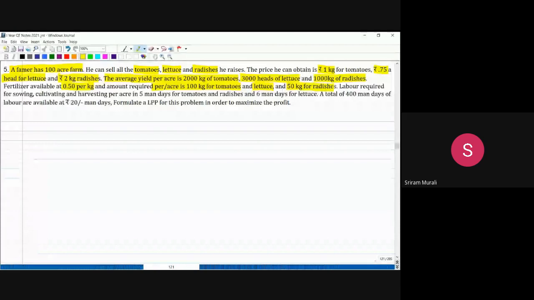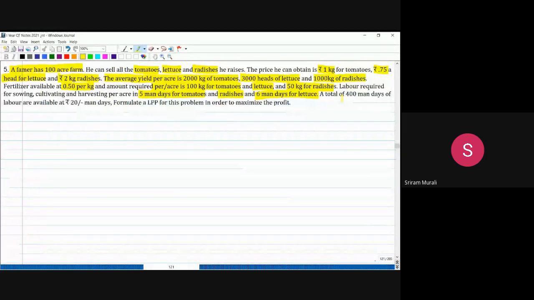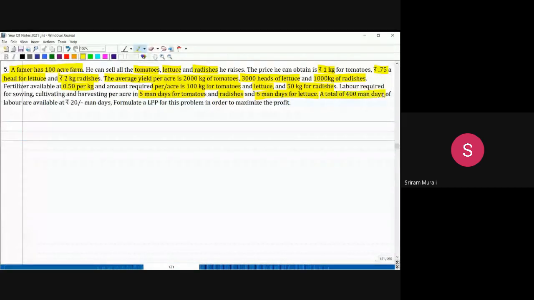The labor for sowing, cultivating, and harvesting per acre is 5 man days for tomato and radishes, and 6 man days for lettuce. The total available man days is 400, and the labor cost, irrespective of all the three, is 20 rupees per man day. We want to formulate this problem to maximize profit.